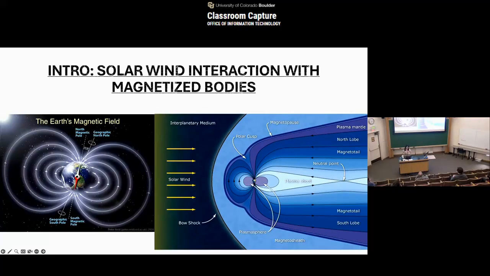So start with some basic introduction. The most familiar one we have is Earth. Earth has a magnetic dipole. To the left, it has magnetic field going out from the south to the north. But when it interacts with the solar wind plasma and magnetic field, it makes the magnetic structure way more complicated.